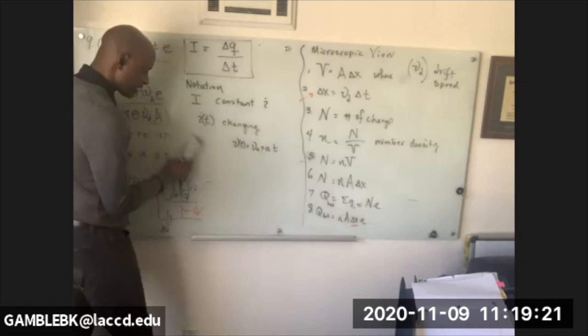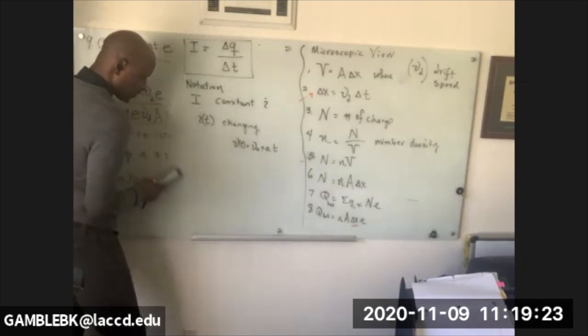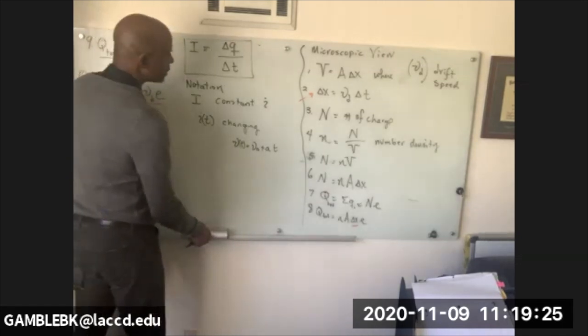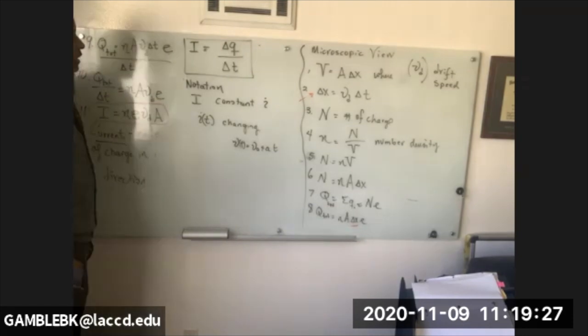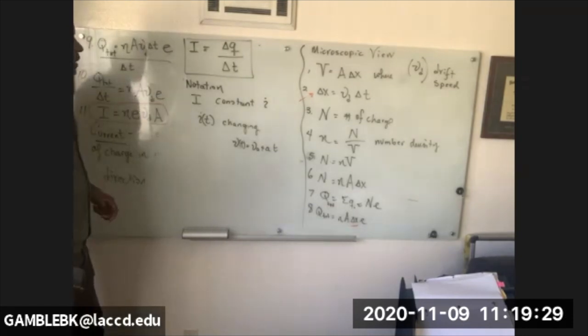But the other thing is that this is just one version of a definition of current. You can define something called a current density, which is useful.